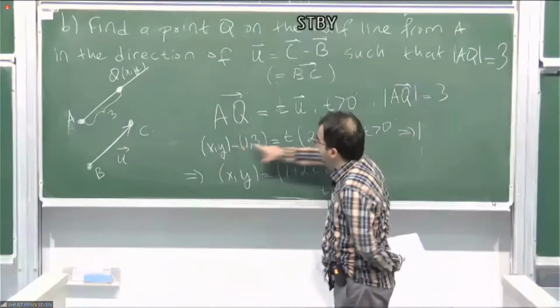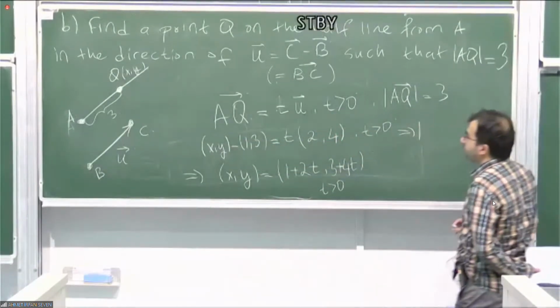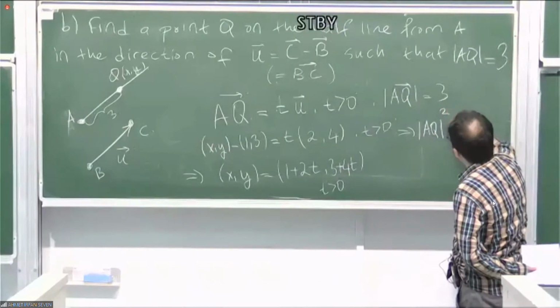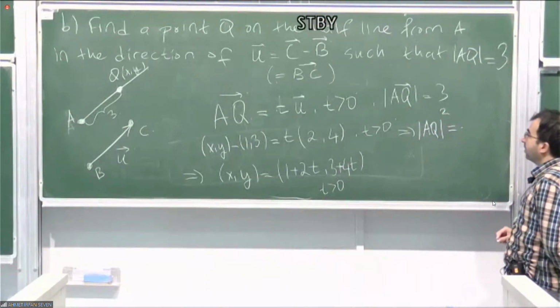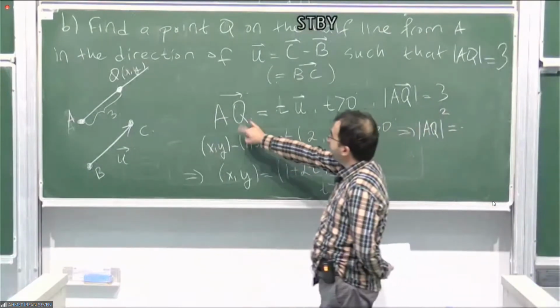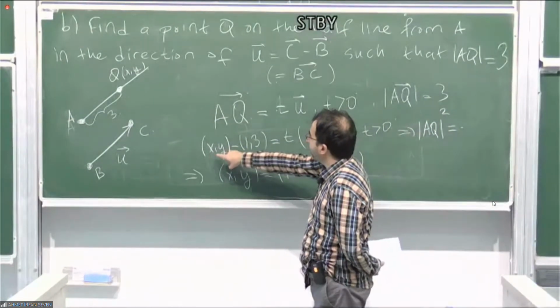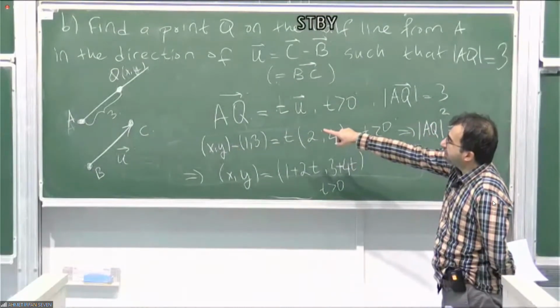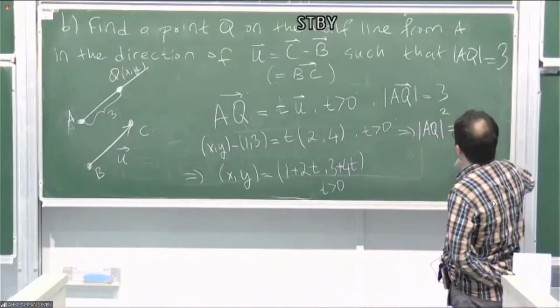So let's write the square of the distance between A and Q. The components will be x minus 1, y minus 3.